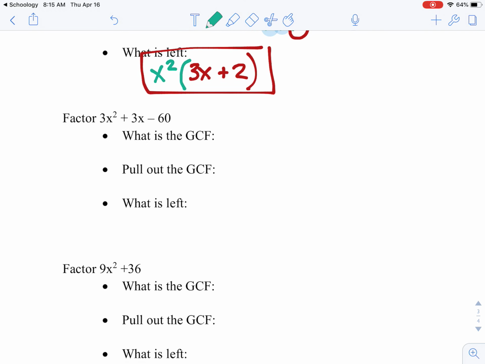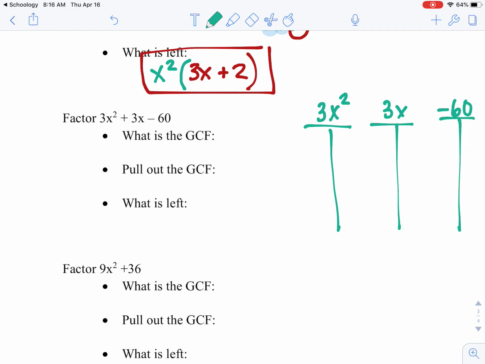So first we're looking at 3x squared, we have 3x, and we have negative 60. So number-wise, we have to find our factors. 2 and 30, 3 and 20, 4 and 15, 5 and 12, 6 and 10.